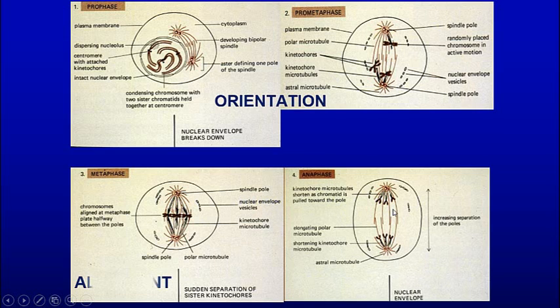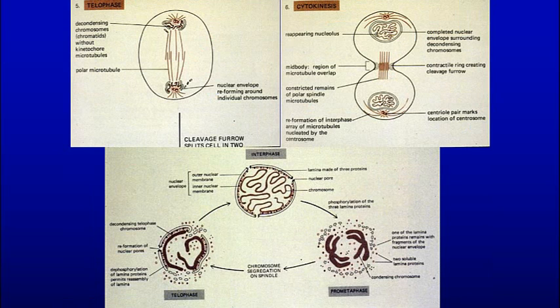So you get orientation, alignment, and then segregation. The nuclear envelope is broken down during the process, and after telophase it is reestablished. In one sense, it goes back to a more primitive state, with no nucleus at this point, but then the nuclear envelope fits back.